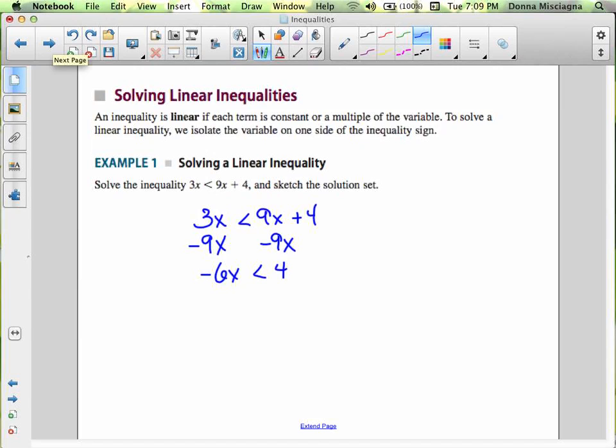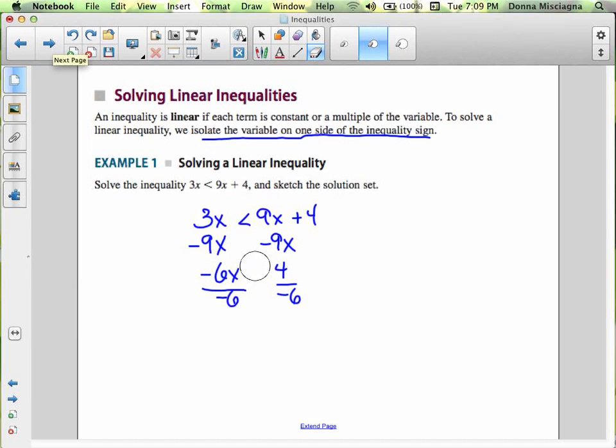We isolate the variable on one side of the inequality sign. We just have to get rid of the negative 6. Well, I need to divide by negative 6 to eliminate that. And if I divide by negative 6, I need to change the direction of the inequality. So instead of being a less than, it's going to be a greater than.